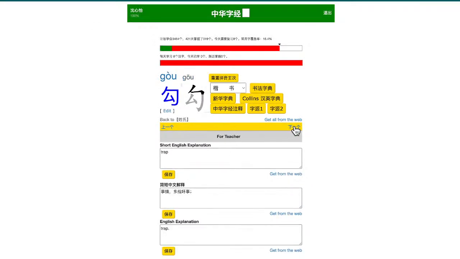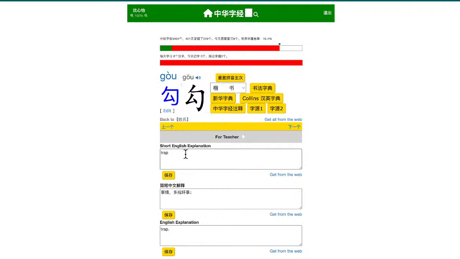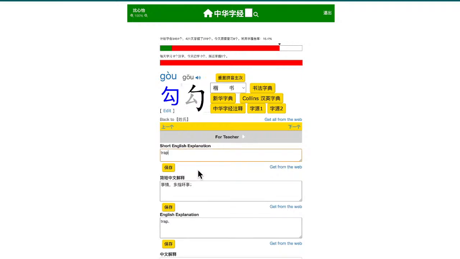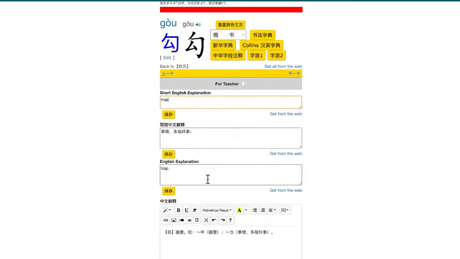Now this one has a second pronunciation, go, and this is a noun referring to a trap. 勾当, go down.